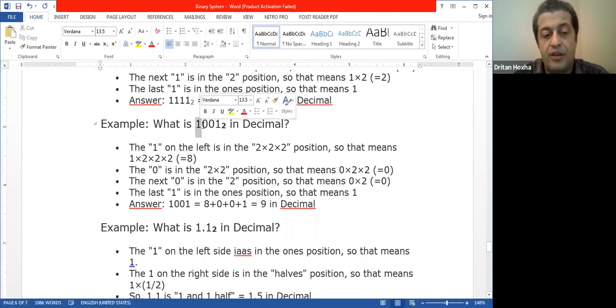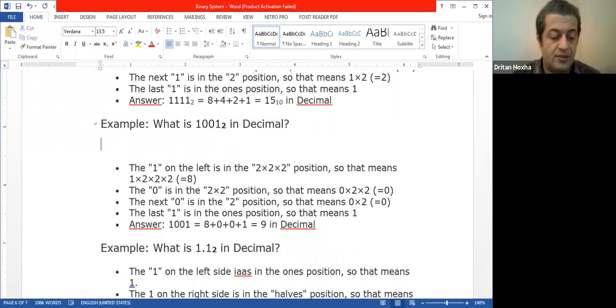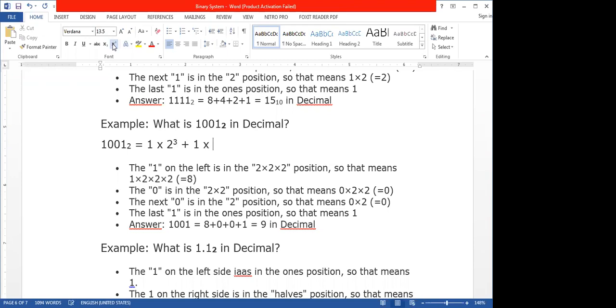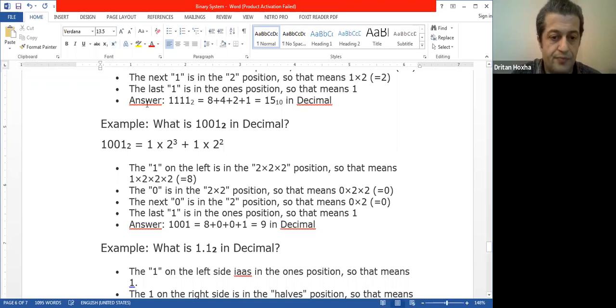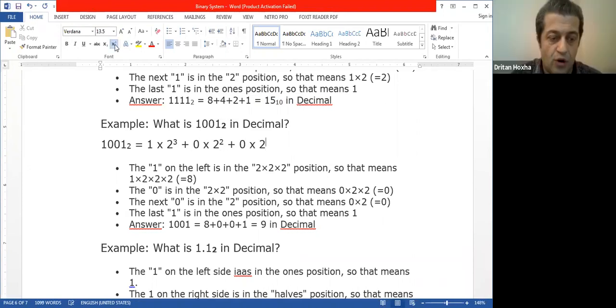We can write this number like this: 1001 at base 2 is equal to 1 times 2 at power 3, plus 0 times 2 at power 2, plus 0 times 2 at power 1, plus 1 times 2 at power 0.